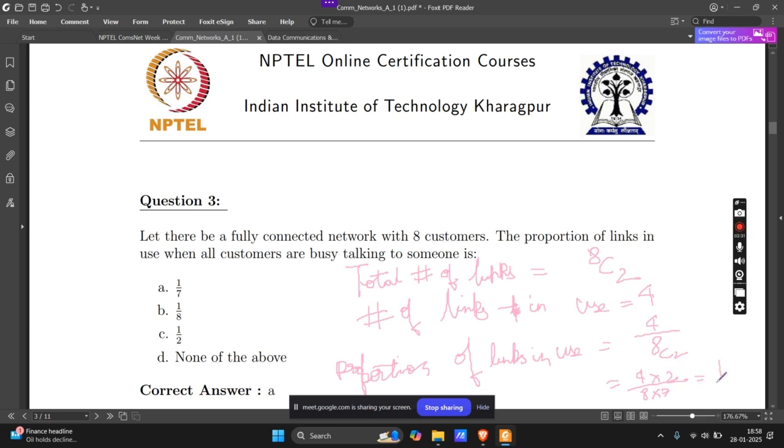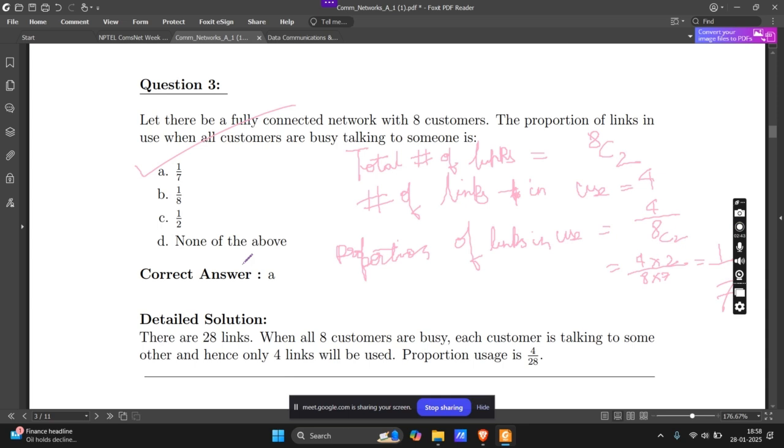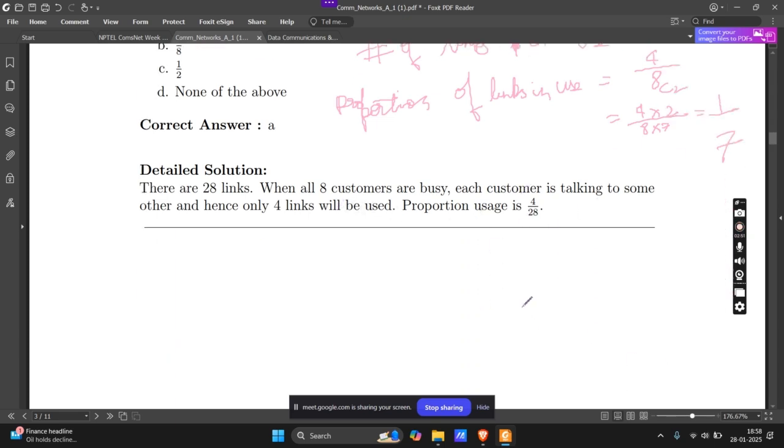So this will be 1 by 7. So the correct answer is 1 by 7. Is it understood? Okay, moving on to the next question. There are 28 links. When all 8 customers are busy, each is talking to some other, and hence only 4 links will be used. So 4 by 28.